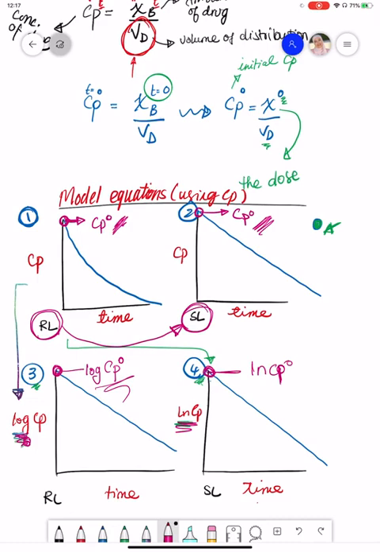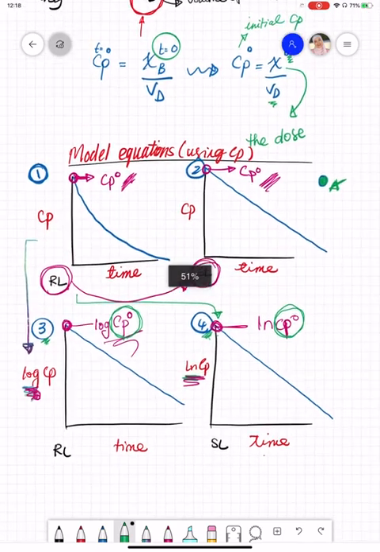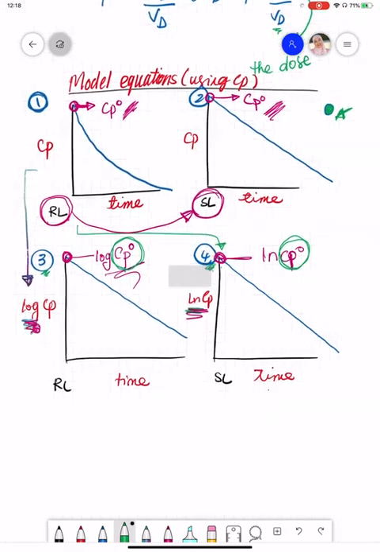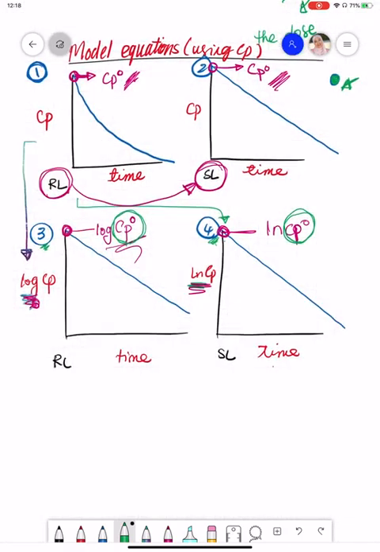If you want CB naught here, you will take the antilog, and if you want CB naught here, you need the anti-ln. We understood this already in our previous lectures, but it's just a reminder.